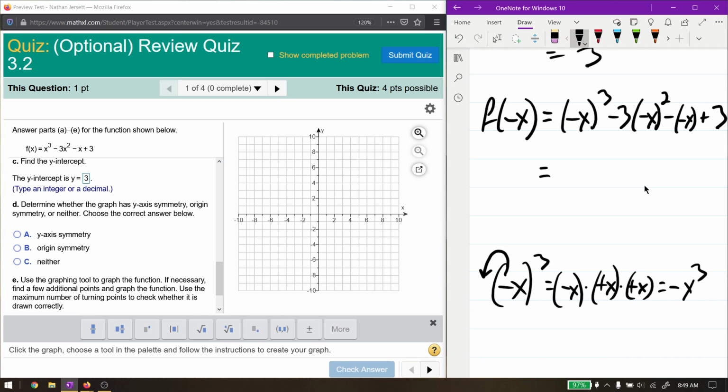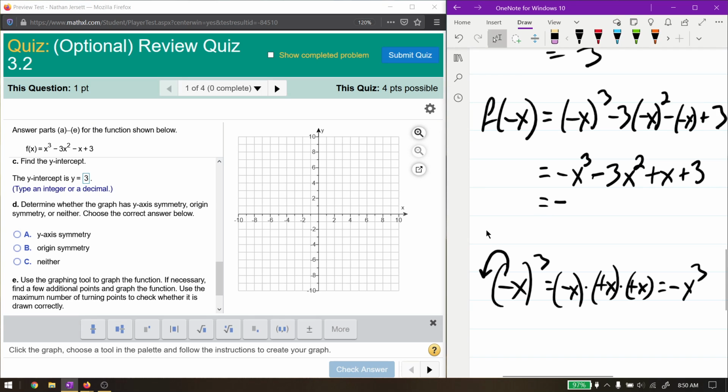So for this negative x cubed, we can write this as negative x cubed. Then we have negative 3 times negative x squared. Well, negative x times negative x cancels the negative, so it actually goes away there. And we get negative 3 times x squared. Negative times negative x is plus x, and then we have plus 3. And what I can do here is divide out a negative. The reason why I'm doing that is because I see this first term here is a positive, and so I'm trying to figure out if there's a positive x cubed somewhere in this.